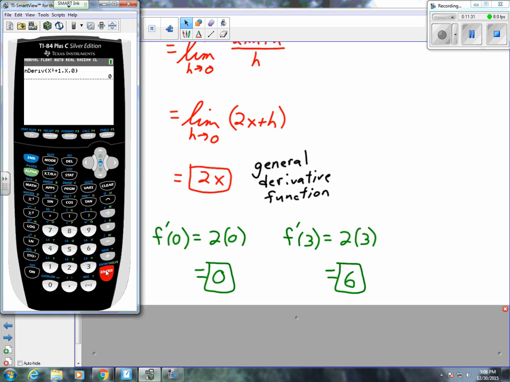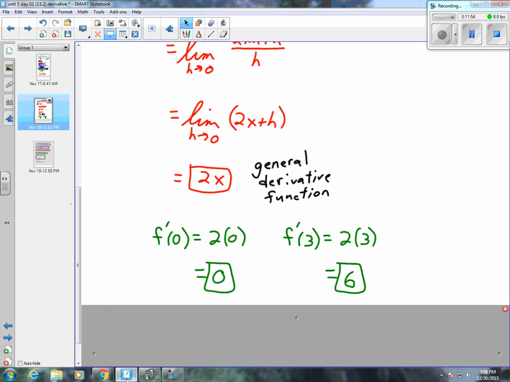And in one case it was 0. If I hit second enter and do it also at 3, I get 6. So you should be able to find the derivative of a function from the home screen on the calculator using the nDeriv function, and you should also be able to find it from the graph screen by doing second trace to get to the calculate menu and dy/dx.